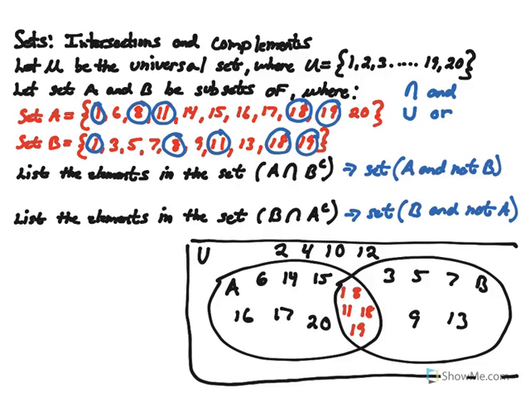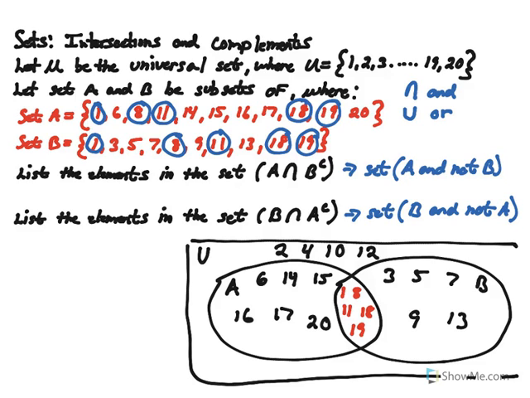So what we want to do is go back to where it says, what does this first problem say? It says list the elements in the set where we have all the elements in A but are not in B. Well, let's do that. Let's look at the Venn diagram we did here at the bottom. You notice all the numbers that are in red, 1, 8, 11, 18, and 19, that's the intersection.